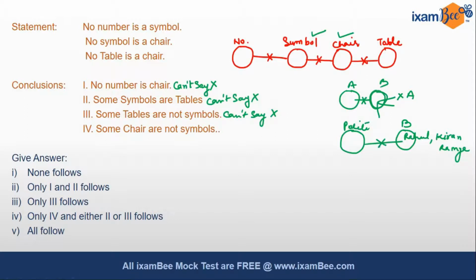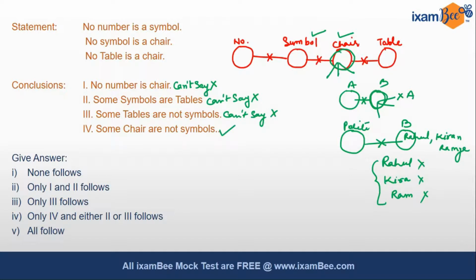Can we say that if we take an individual person like Rahul or Kiran or Ramya, they individually are not polite? Yes, we can definitely say, because they are part of B, and if whole B is not polite, definitely Rahul, Kiran and Ramya will also not be polite. In the same way, if the whole chair is not symbol, definitely its part will also not be symbols. So some chairs are not symbols is definitely true.